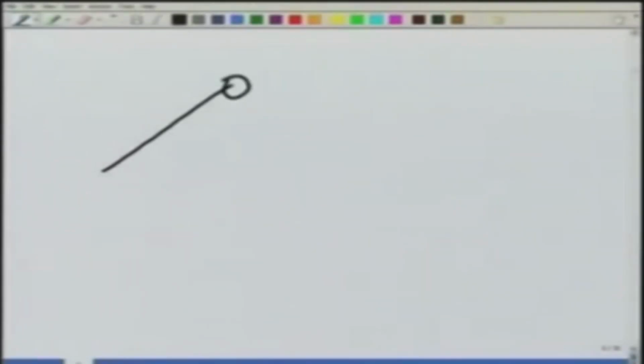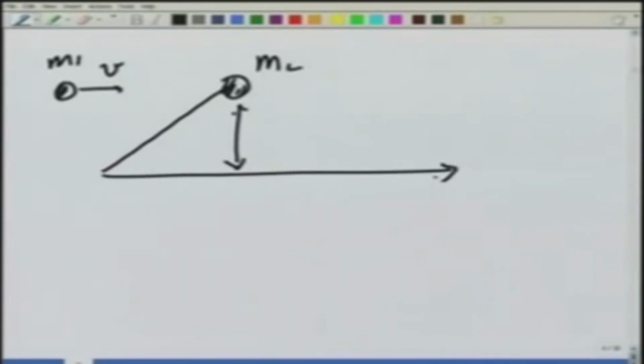So, the system I have is this: mass m2, mass m1 coming in with speed v. Let this distance from the x axis be a and let the length of the rod be b. Remember, it is very important that I specify the point O, because angular momentum and torque are origin dependent quantities.